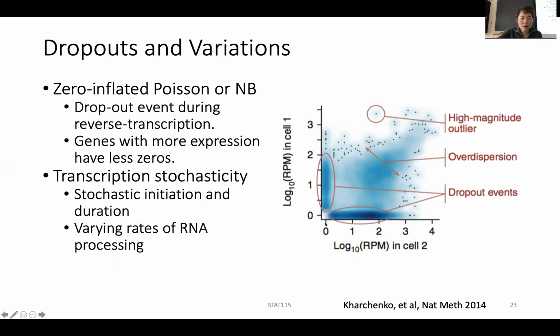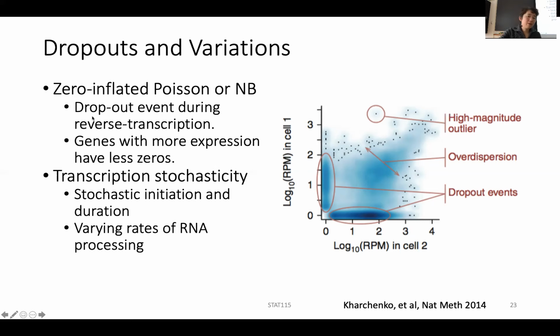And also there are a lot of dots that are 0 in one, but can be pretty high in the other. In this case, it's high in cell 2, like this spot, but it's not measured at all in the other cell. And so people call this zero inflated Poisson or zero inflated negative binomial from the single cell readout.